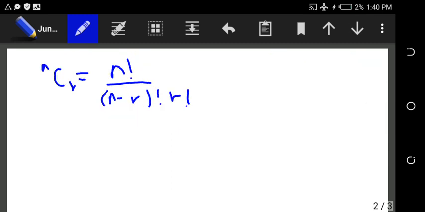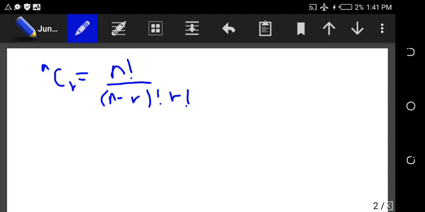This is the general formula for combinations: when you are to make a selection from a total of n, you want to select a number r from the n. The formula for n combination r is n factorial over n minus r in bracket factorial, times r factorial.